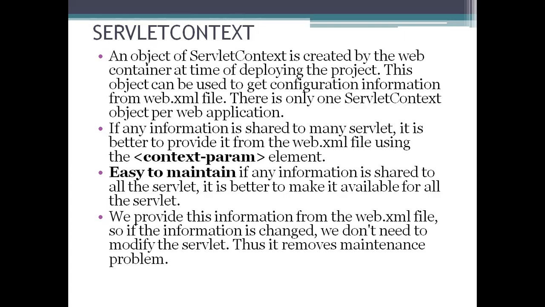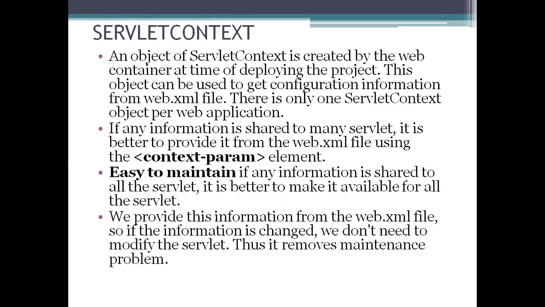Declarative means passing the data from web.xml into the context object in the form of key value pairs. Programmatic means passing the data from the servlet into the context object in the form of key value pairs. If the data is added into the context object from web.xml, then it is known as a parameter of the context object. If the data is added from a servlet, then it is known as an attribute of the context object. A context object stores both the parameters and attributes.